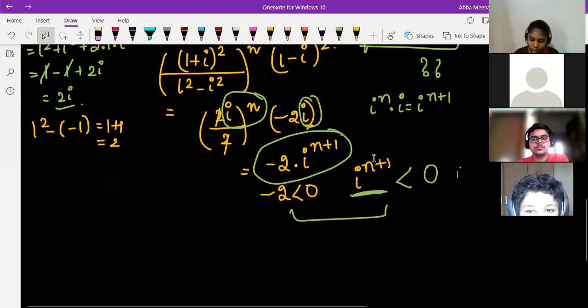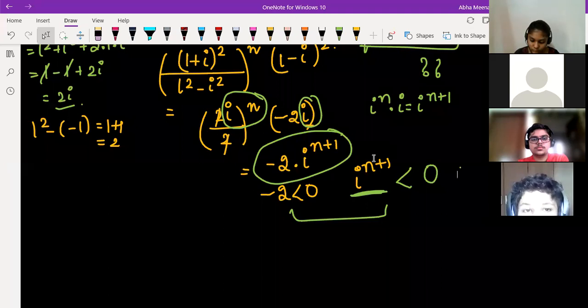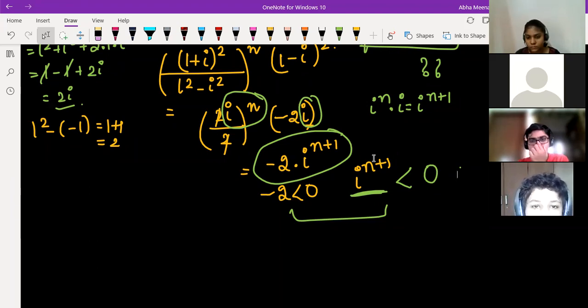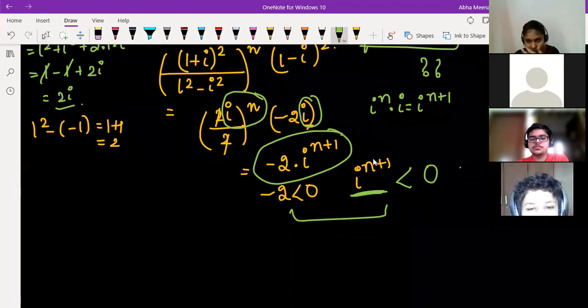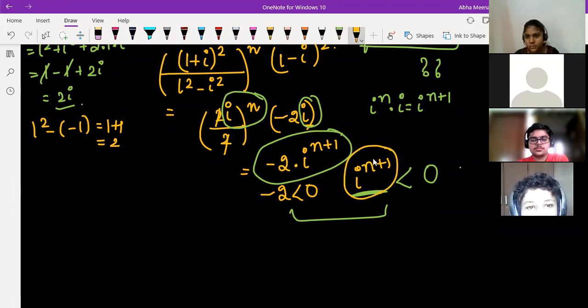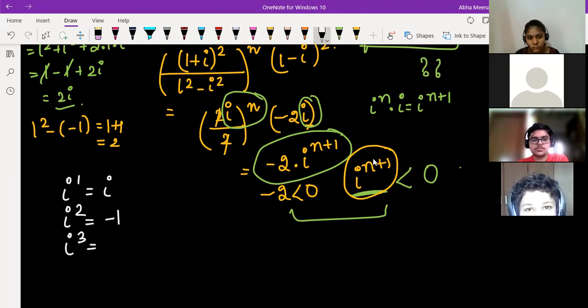Now, we know one thing, that the complex numbers are not comparable. So we cannot say whether the complex number is less than 0 or greater than 0. So this has to be some real number. What are the powers of i we have studied? i4 equals to 1.